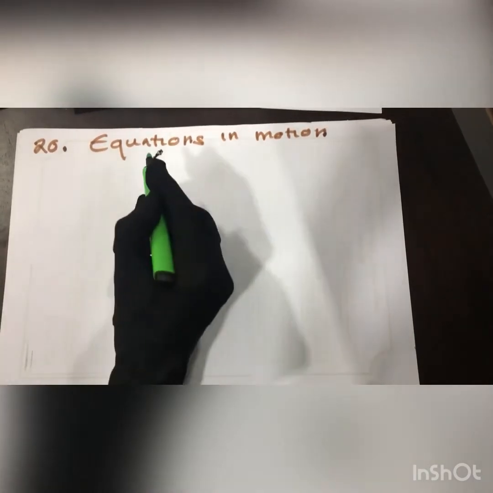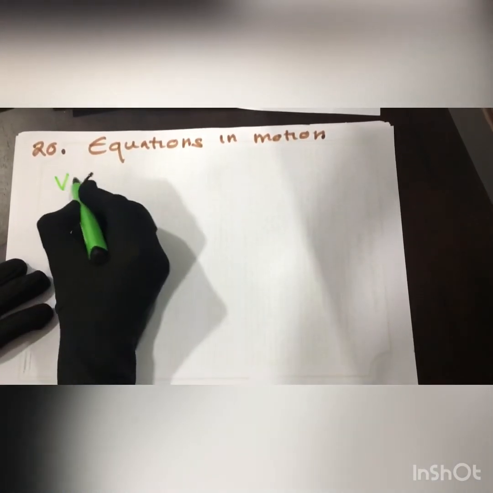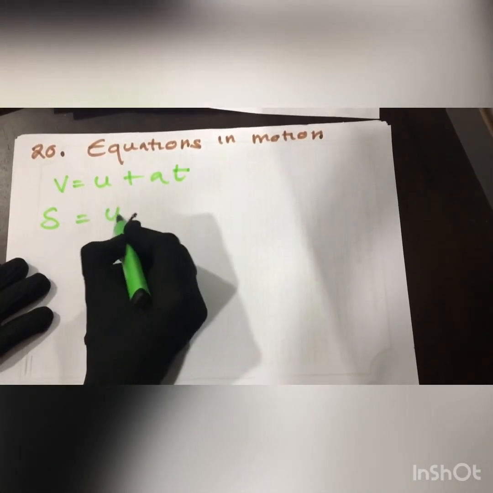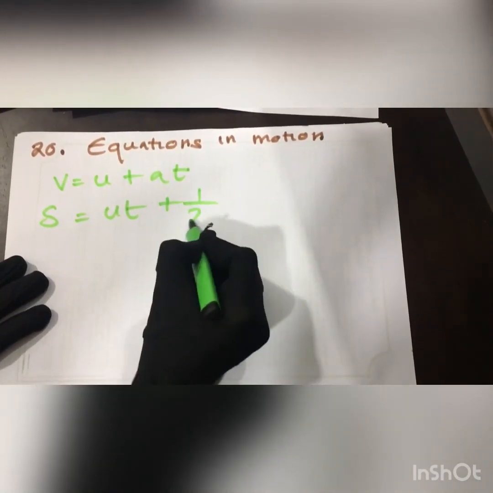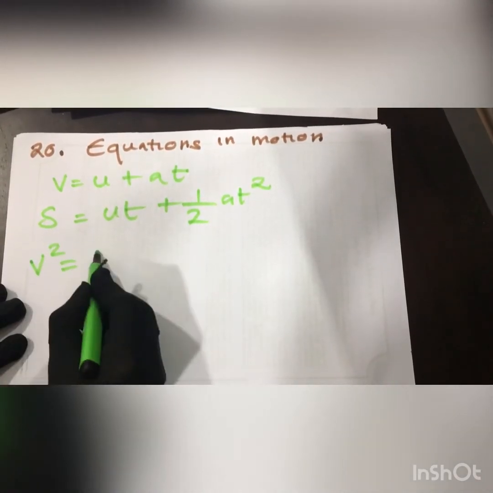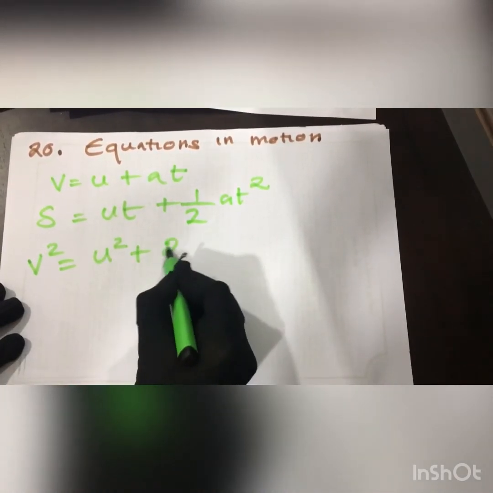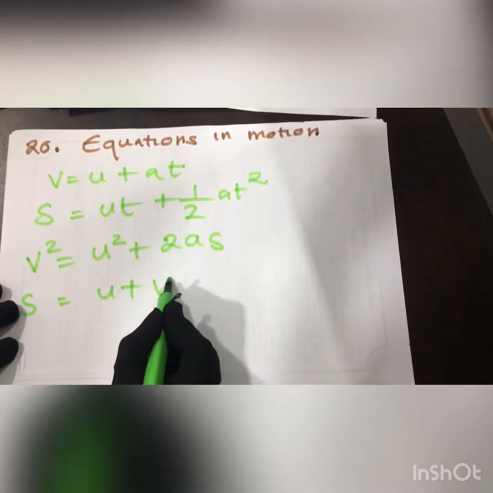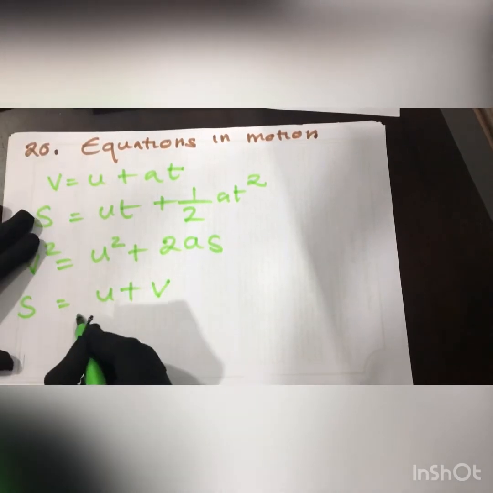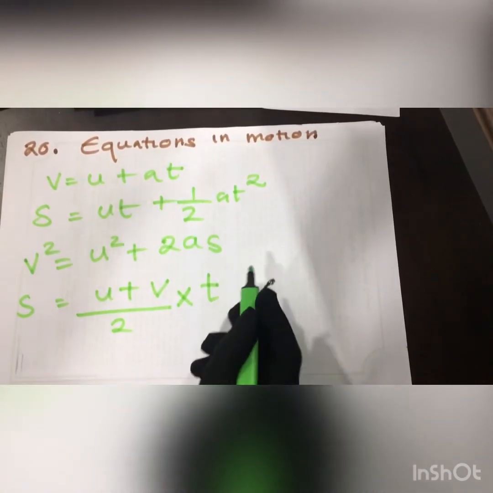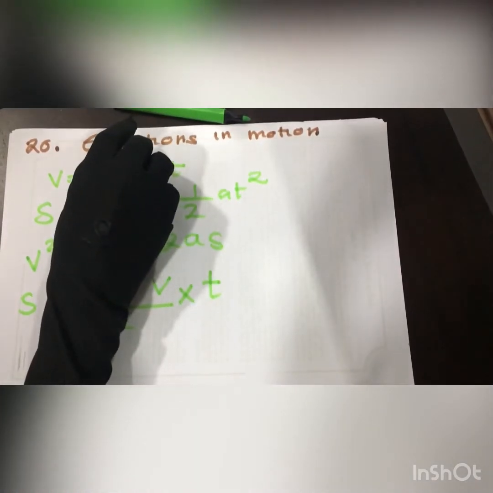There are a few equations in motion: V equals U plus AT, S equals UT plus half AT squared, V squared equals U squared plus 2AS, S equals (U plus V) divided by 2, into T. Now I'll tell you what each is.